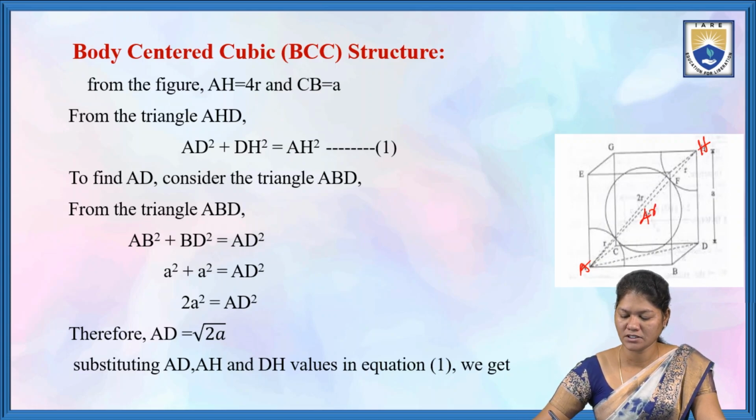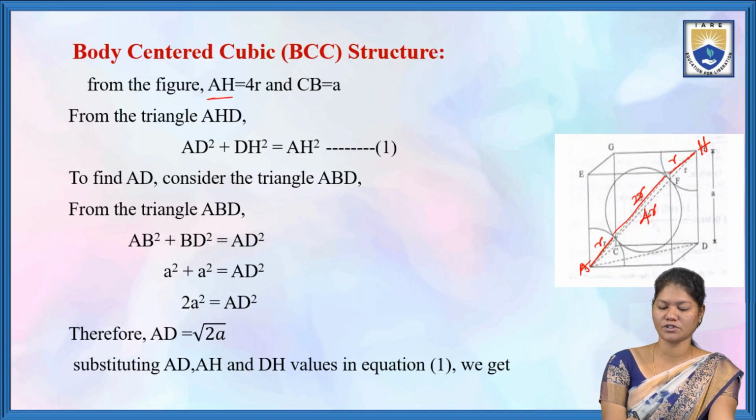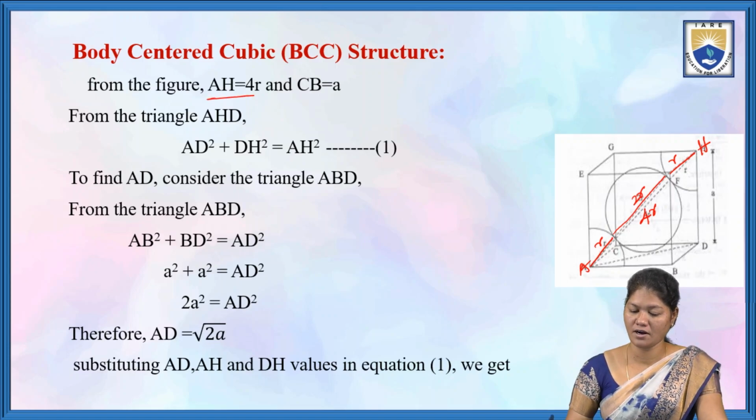The atomic radius R, and here also for this atom R, this is a full atom, so 2R, so totally 4R, so AH is equal to 4R.